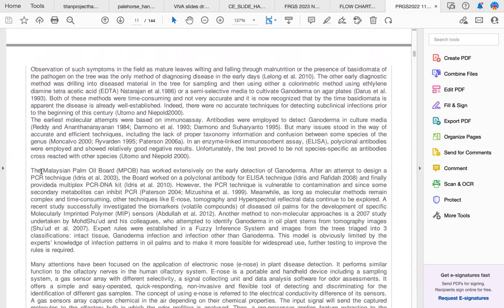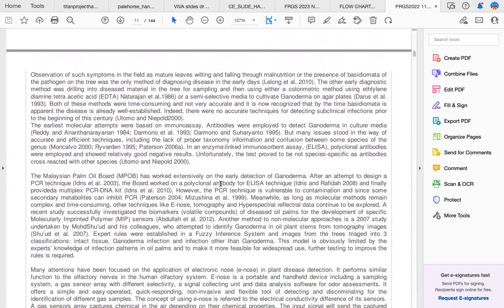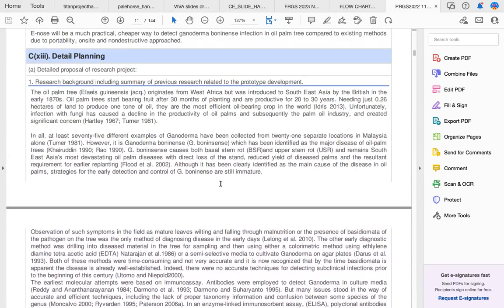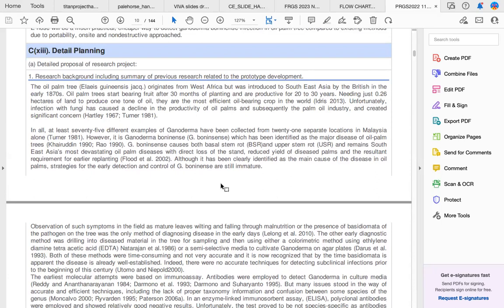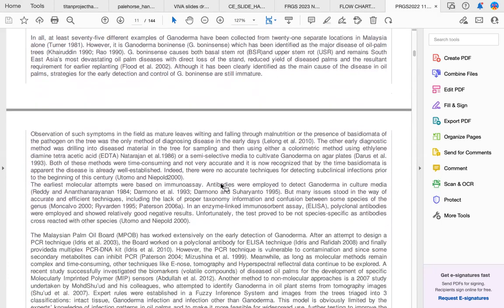You can see that I quote MPOB because the one that I want to solve is related to the palm industry, plantations. So you can do this. You can quote reports from our local institutions.